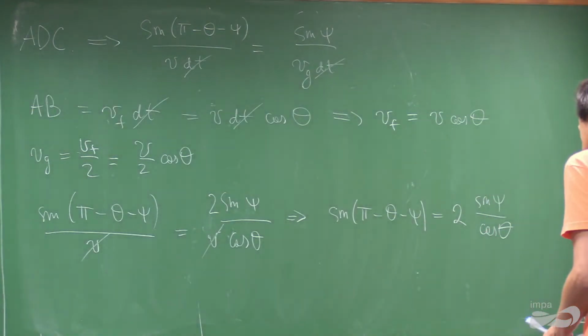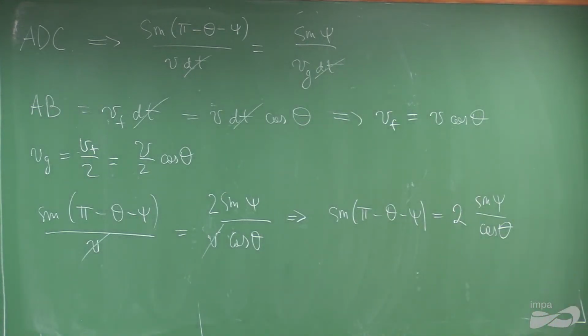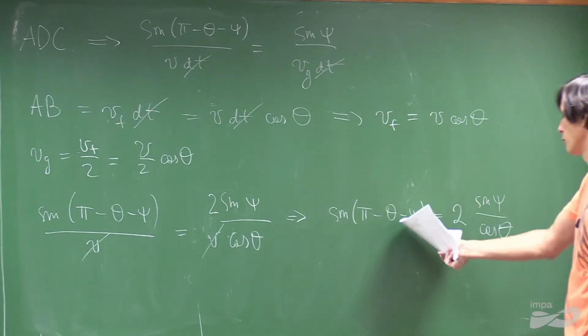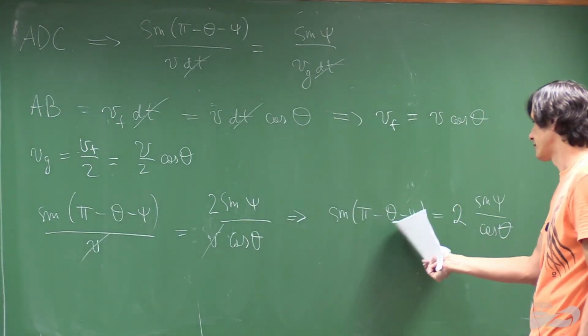Okay. The next is you open the sine. Sine of pi minus angle is the same as the sine of the sum of the angles, and then you open it as a sine of a sum.